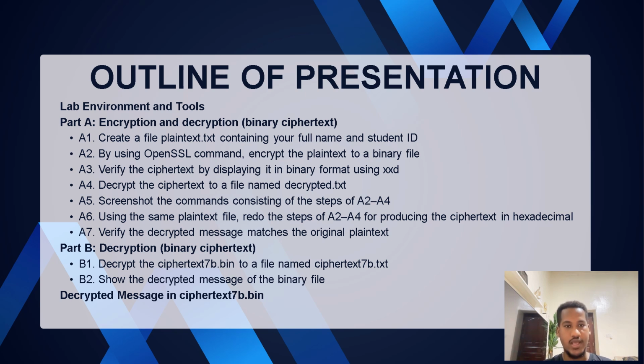We use an OpenSSL command to encrypt the plain text to a binary file, display the ciphertext in binary format using xxd, and decrypt the ciphertext to the file named decrypt.txt.